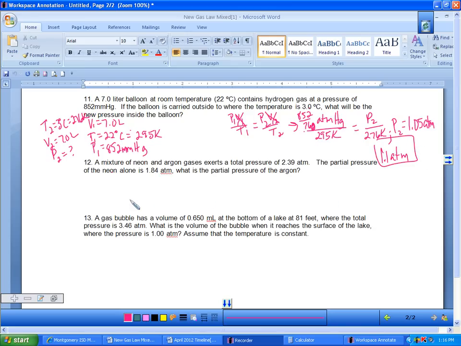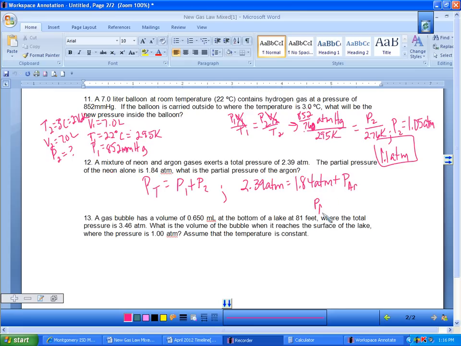Number 12 says a mixture of neon and argon gas exerts a total pressure. So this is one of Dalton's partial pressure laws. So I have 2.39 ATMs is equal to 1.84 ATMs for the neon and the pressure of argon.